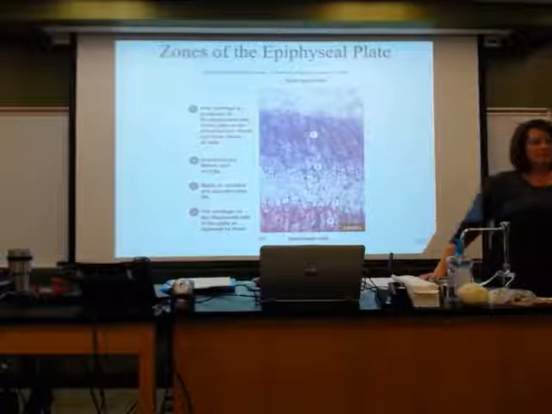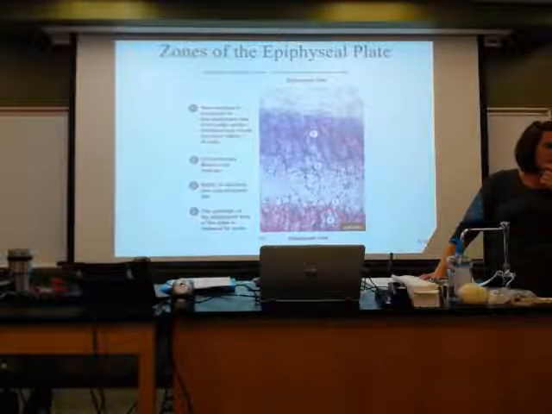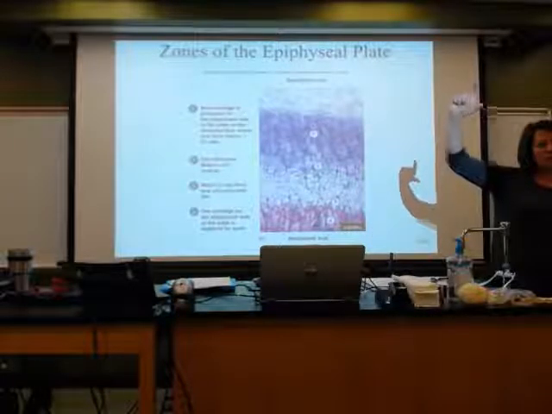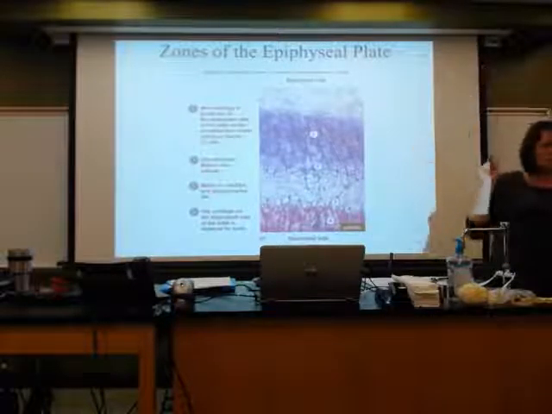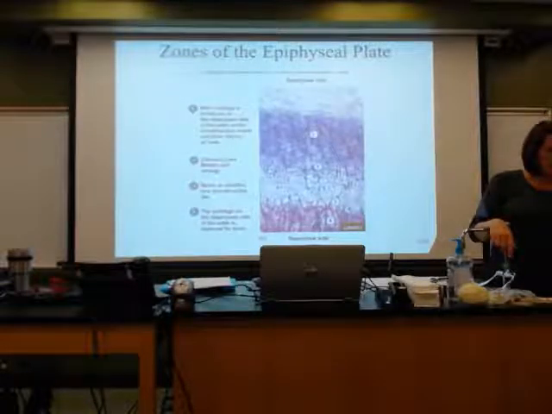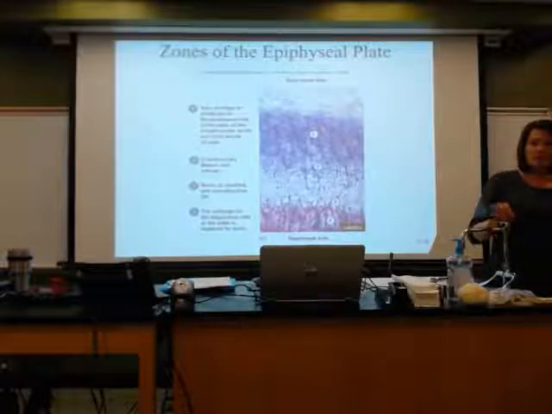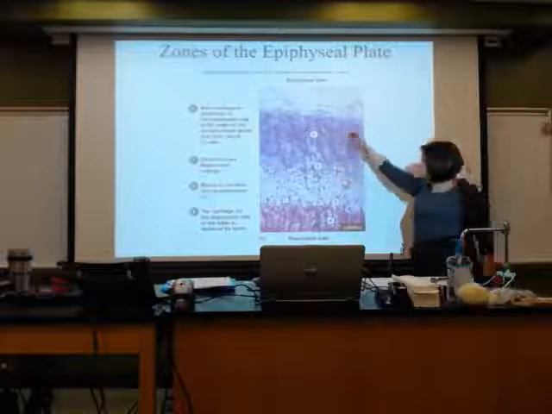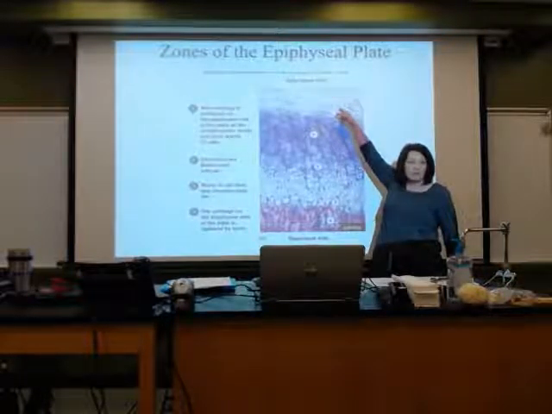There's a reason for why it looks this way. The cells that are getting bigger and bigger and bigger, they're doing what's termed hypertrophy. Hyper means too much, okay? So the cells have tried to get bigger because they're trying to reach nutrients.